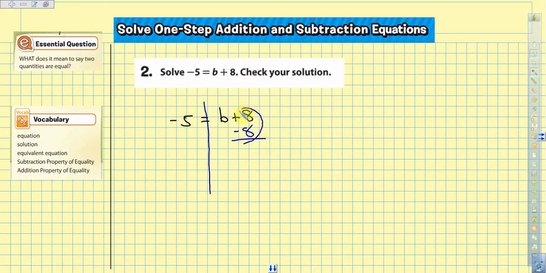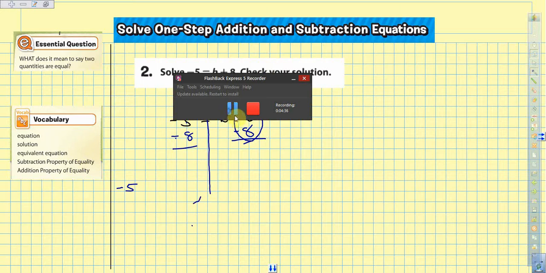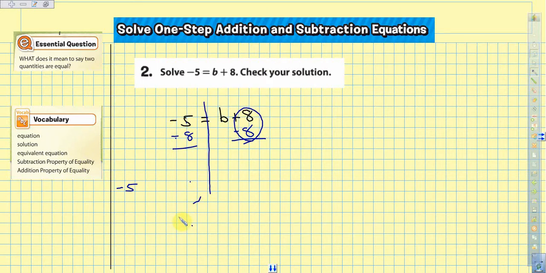There's another way to do it. I zero it out. 8 minus 8 is 0. So we subtract 8 over here. I have a negative 5 minus 8. Now, some students are having trouble looking at that, so let's write it out. Negative 5. Okay, so we are subtracting 8 on both sides.